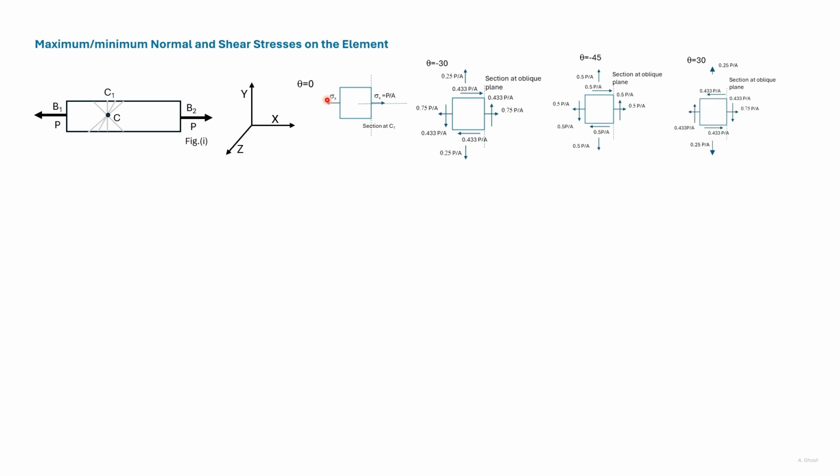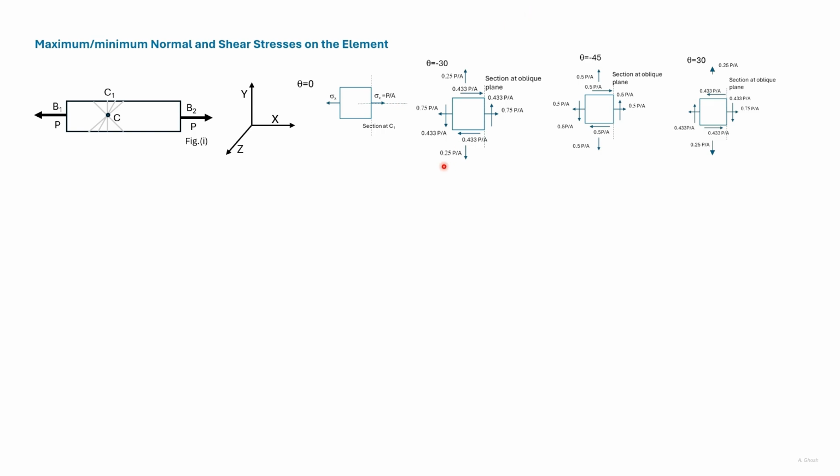At theta equal to 0, the left face of the element coincides with the section at C1. We have earlier discussed that the stress acting on this left face of the element is P divided by A.